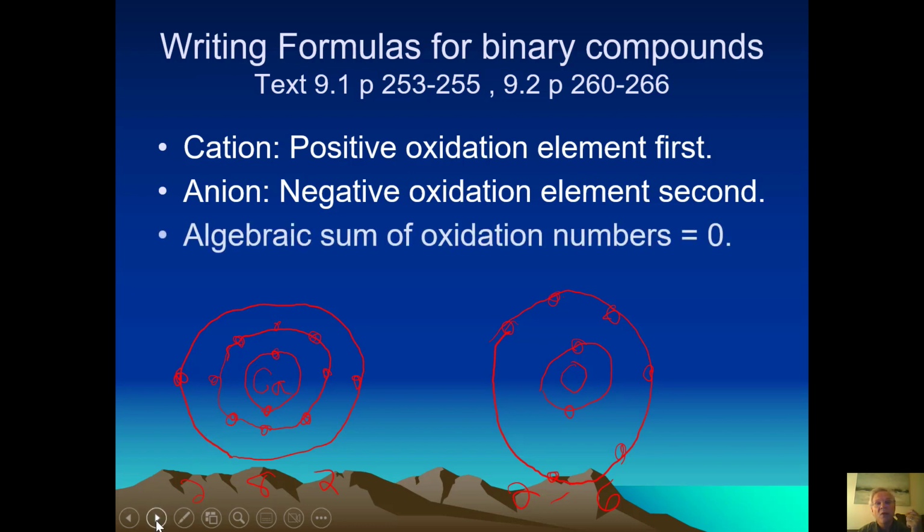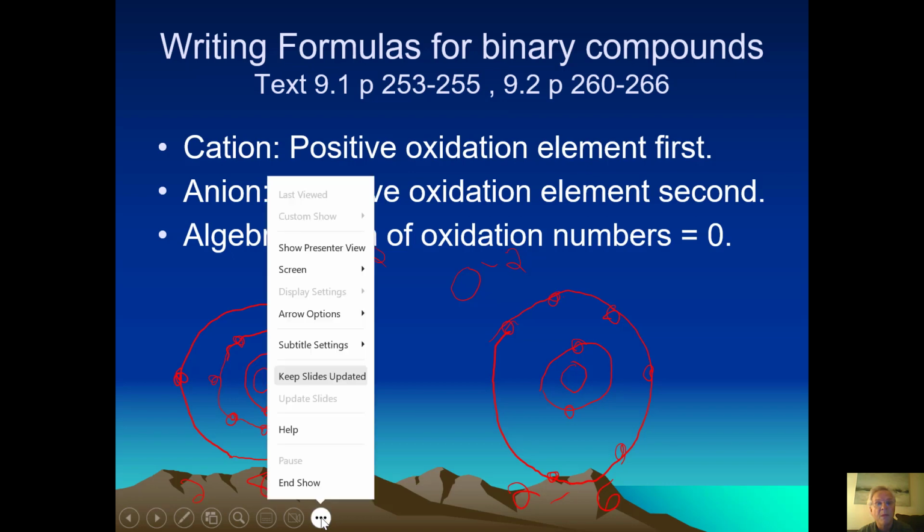We also have to say that the algebraic sum of the oxidation numbers has to be 0. If you remember, or if you look at the reference table, calcium has a +2 oxidation state, and oxygen has a -2 oxidation state. Give me 1 second and I'll show you exactly what I'm talking about.